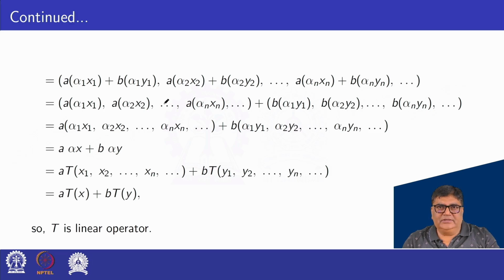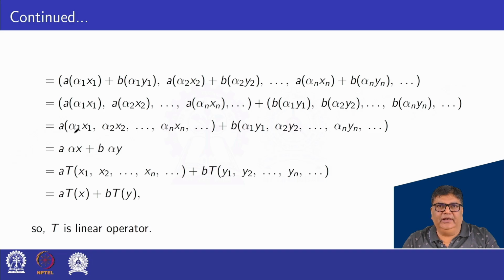So this can be divided into two terms: A alpha 1 x1, A alpha 2 x2, up to A alpha n xn as one vector, plus B alpha 1 y1, B alpha 2 y2 and so on up to B alpha n yn as another vector.